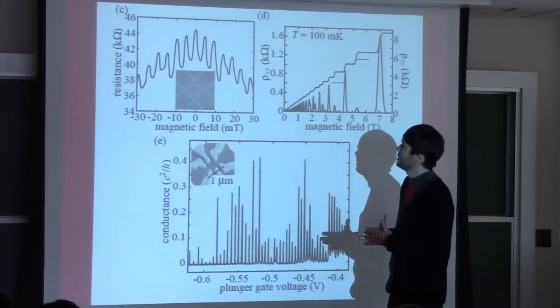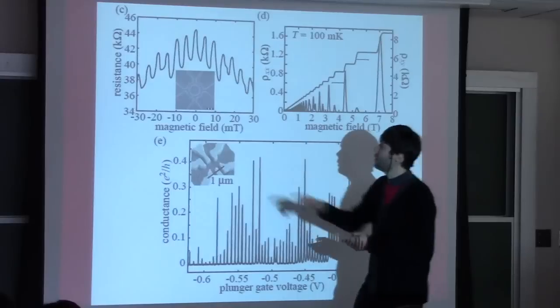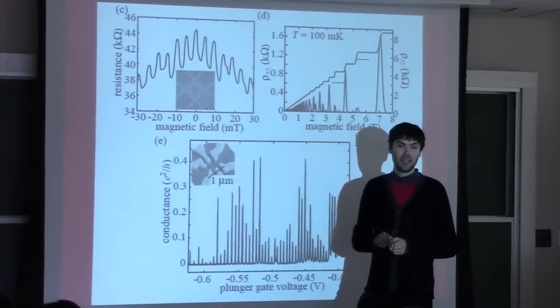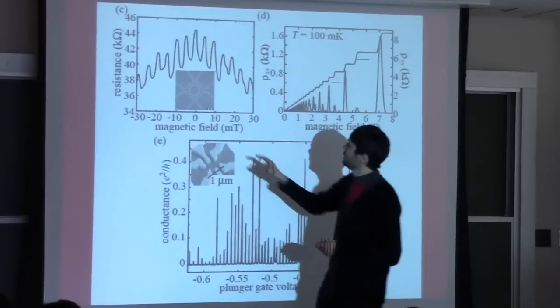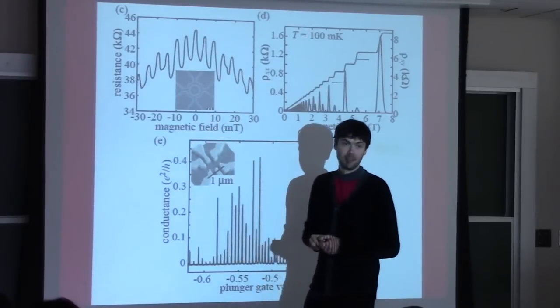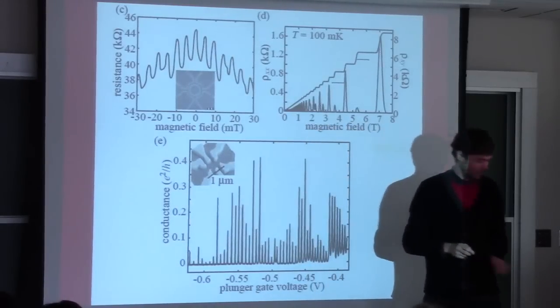As an exercise, let's estimate the area of this loop. There is no length scale, we cannot see the length scale, but we know that about 5 millitesla puts in one flux quantum in this loop.